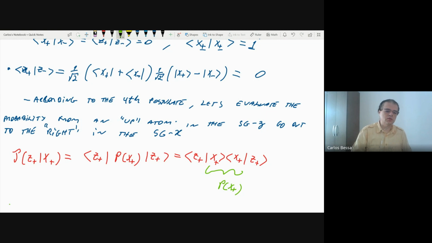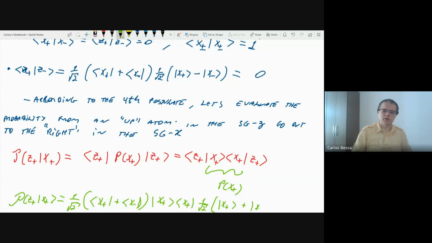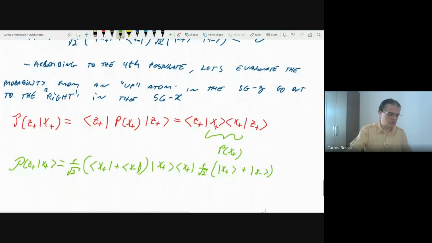And the probability, if you use, as we defined, z in terms of x, this is the superposition of x plus and x minus, times the projector in the x state, with a factor of 1/2.